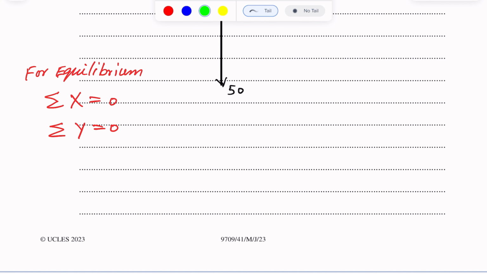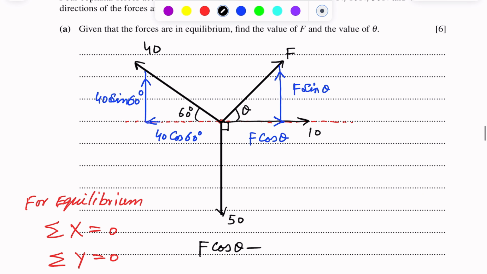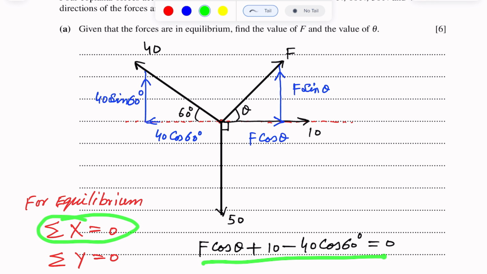So we write F cos theta plus 10 minus 40 cos 60 degrees is equal to 0. This is the sum of the forces along the x-axis equal to 0.